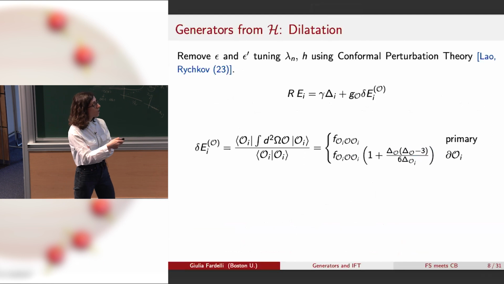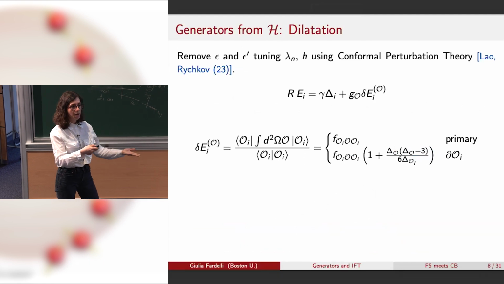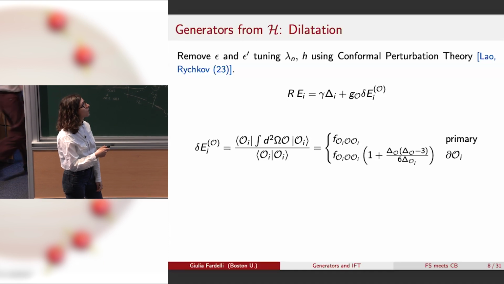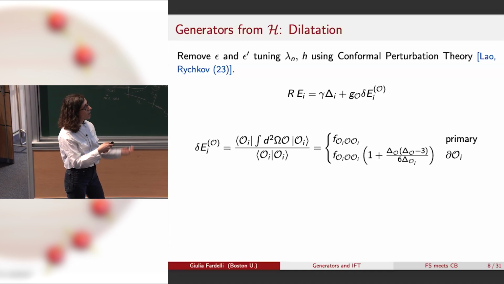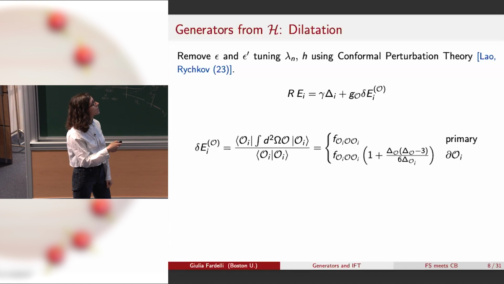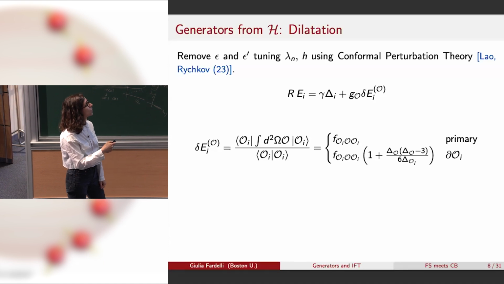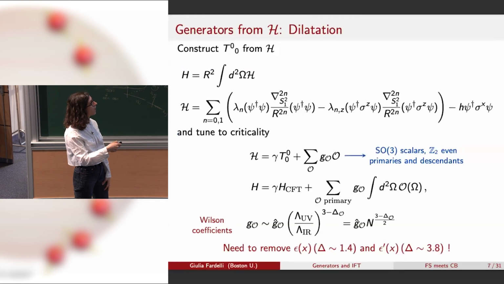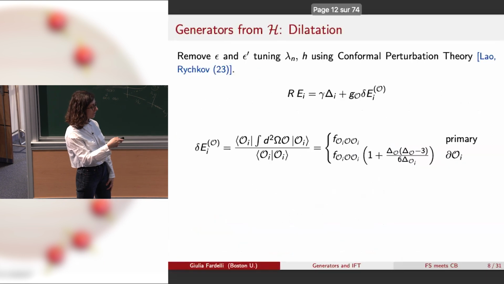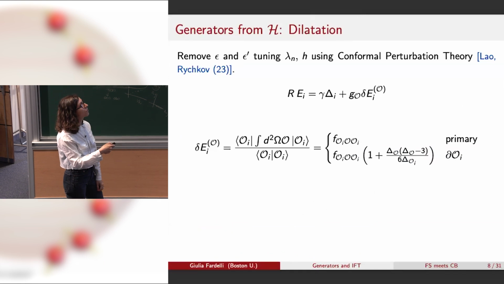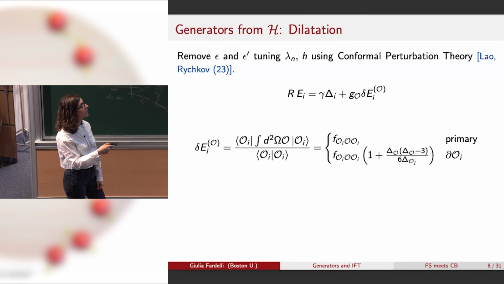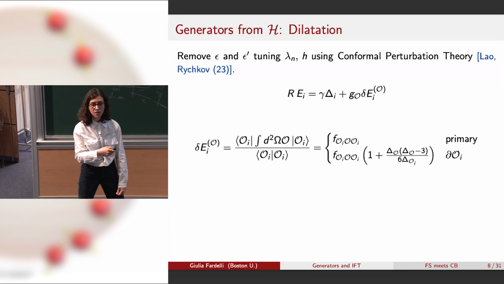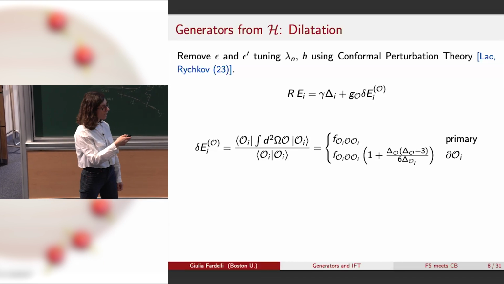So how can we try to tune away this epsilon and epsilon prime deformation? The idea is to use conformal perturbation theory and tune the parameters that I showed you before in the Hamiltonian in such a way that we can remove these two contributions. Remember that that's the definition of H. From here I can get that the corresponding eigenvalues can be written as the true conformal dimension plus the correction coming from having this additional operator.